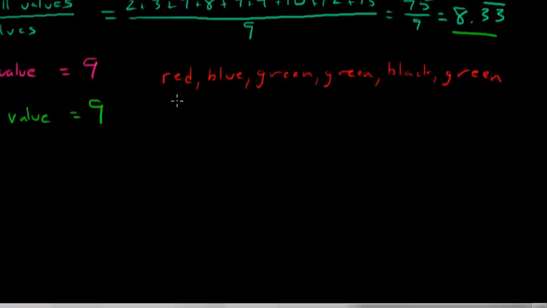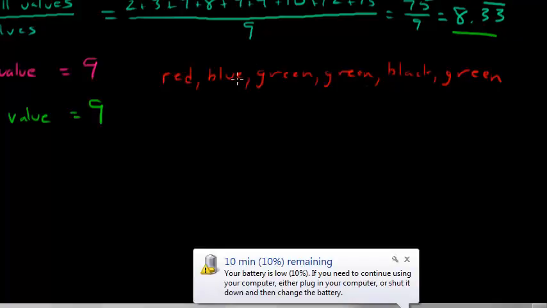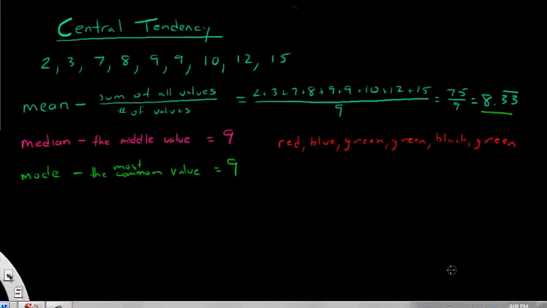There's no way for me to find the mean of these because I can't add them up. They're not numbers. And there's also no way for me to find the median because I can't order them from least to greatest. So the only central tendency tool that's going to be useful here is actually mode. And so mode's just going to say what's the most common value here, and quite obviously it's green. So the mode's going to be green.